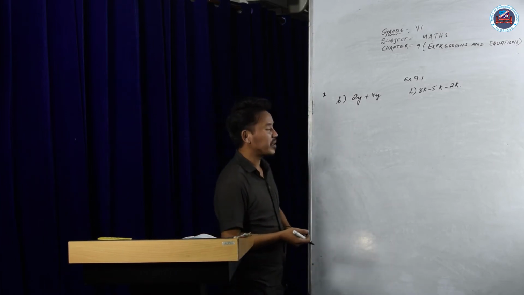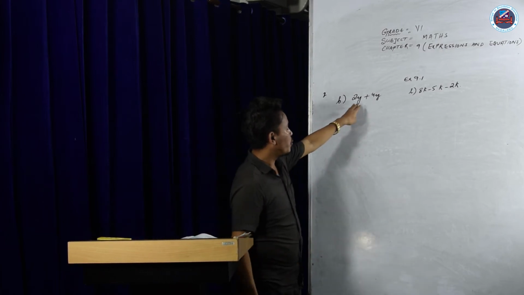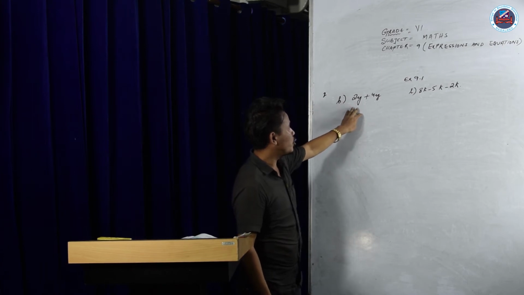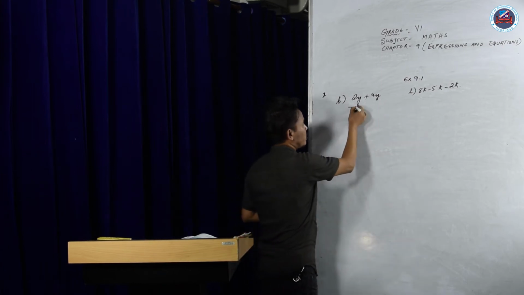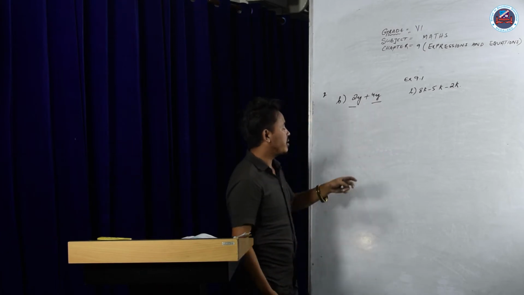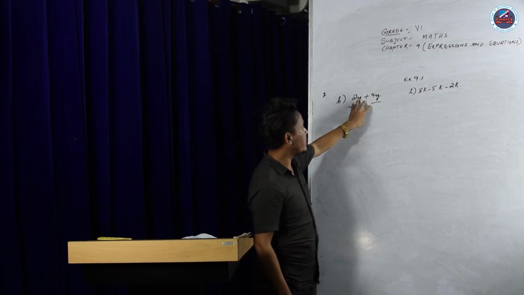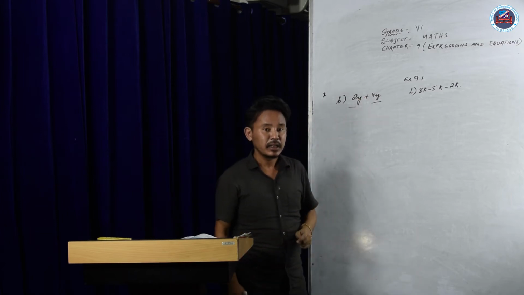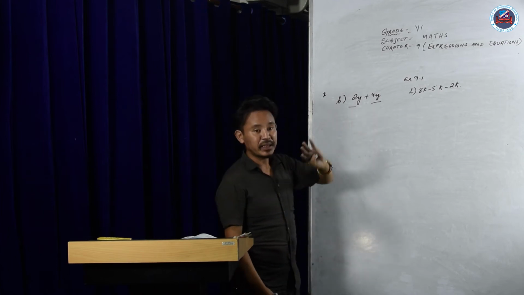Simplify means we try to make it as simple and short as possible. Looking at question B, 2y plus 4y, you can see that there are two terms, 2y and 4y, separated by addition. Both are like terms. Like terms means that they have the same variables, irrespective of the coefficient.